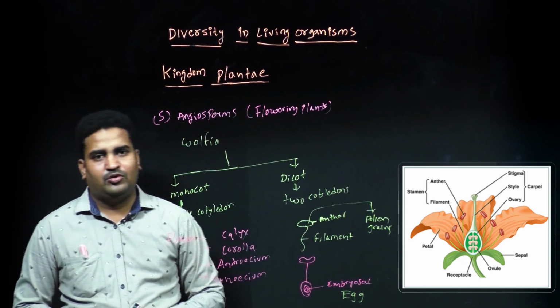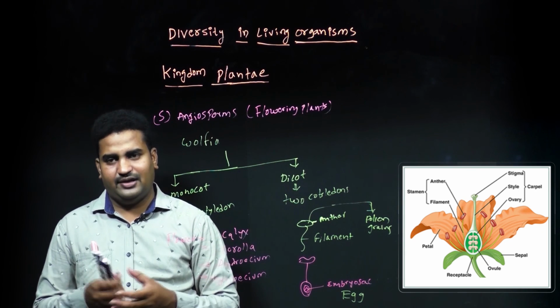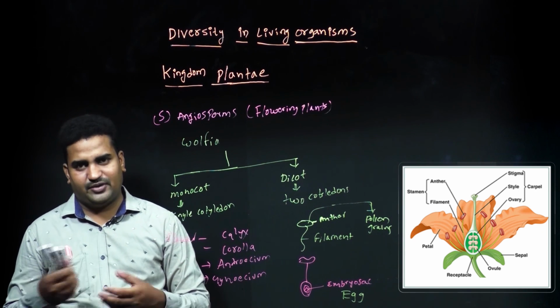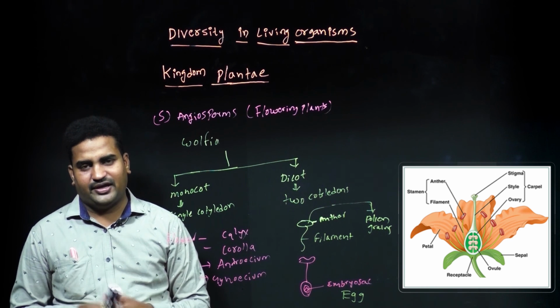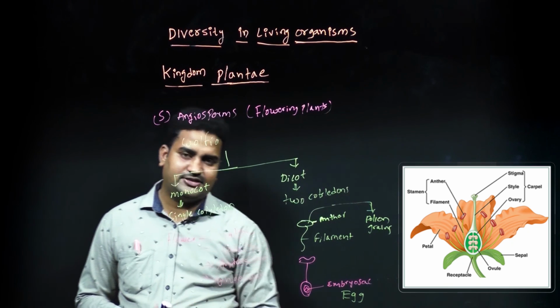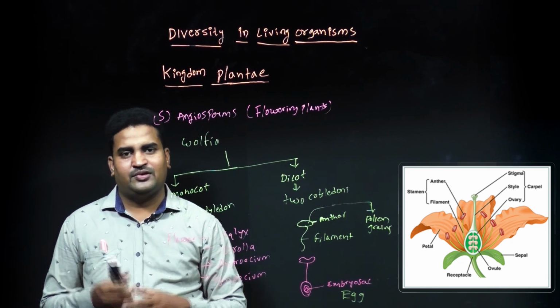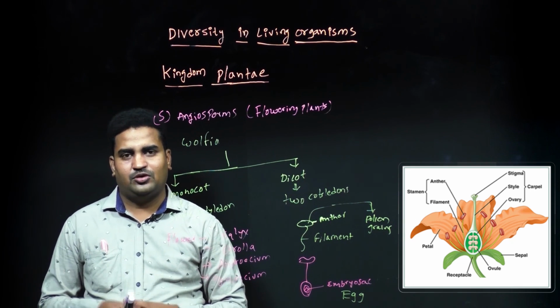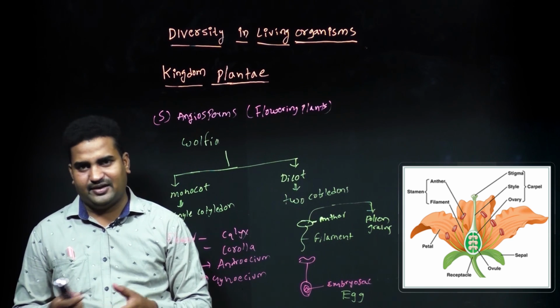So generally pollen grains are transferred to the female stigma either by wind pollination, or by water pollination, or by insect pollination. When the pollen grain reaches the stigma, pollen germination occurs, and the pollen tube grows into the ovary, the ovule, and releases the male gamete.